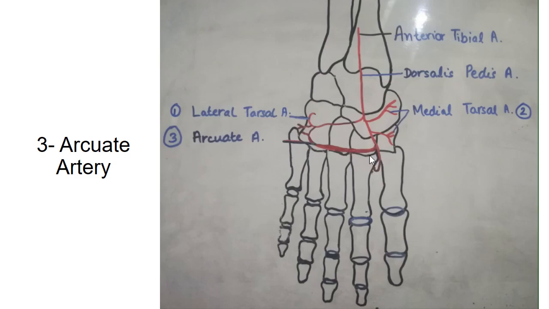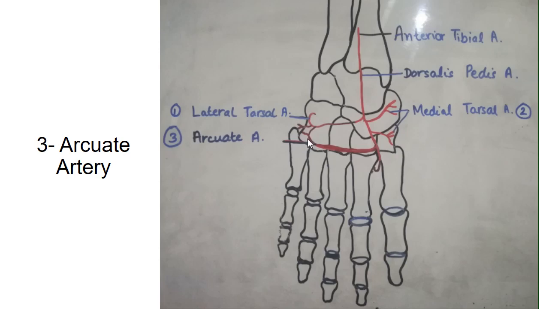This artery courses over the bases of the second, third, fourth and fifth metatarsal bones. These are the bases of the metatarsal bones and these are the heads of the metatarsal bones. This artery courses over the bases of the lateral 4 metatarsal bones.